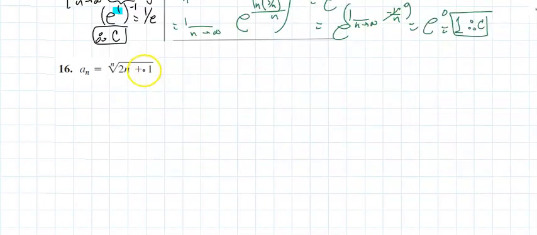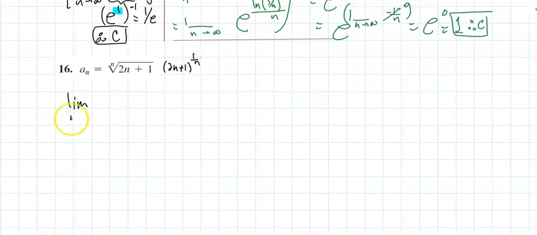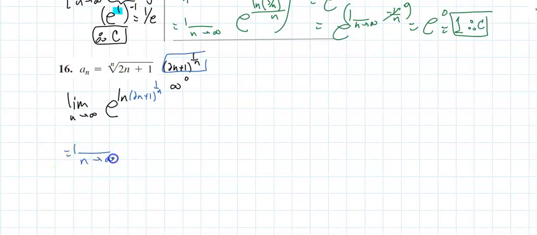16 is next. I can look at this as 2n plus 1 raised to the 1 over n. If I take the limit as n approaches infinity, that is infinity to the 0. That's undefined. I introduce e again: e to the natural log of whatever you see. And that would be the limit as n approaches infinity.